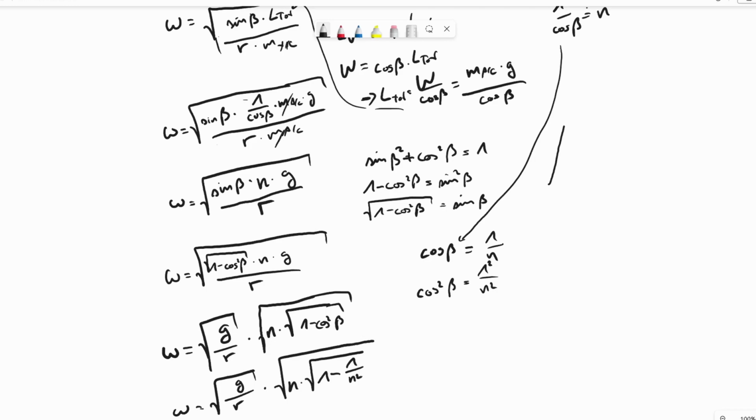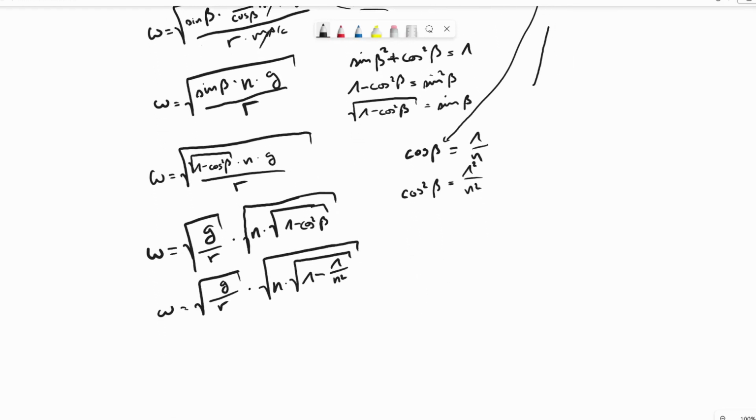Okay, now that's a bit clumsy, so we'll make it a bit simpler. We can put this n into here by squaring it. So n times square root of 1 minus 1 over n squared equals square root of n squared times 1 minus 1 over n squared.